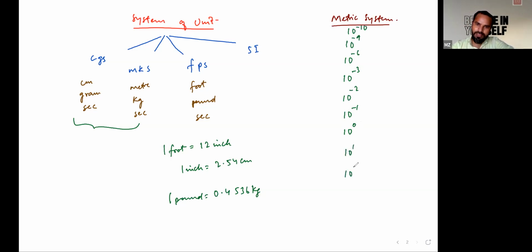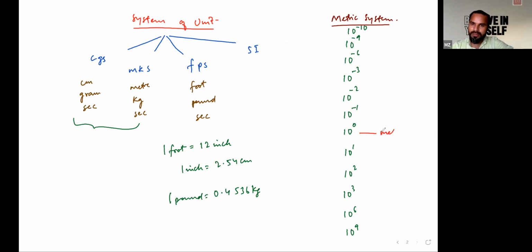Similarly, 10 to the power plus 1, 2, 3, 6, 9, and so on. Just see, these are just changing on the basis of power of 10 only. So this particular conversion is called the metric system of conversion, which the SI system of unit deals with.